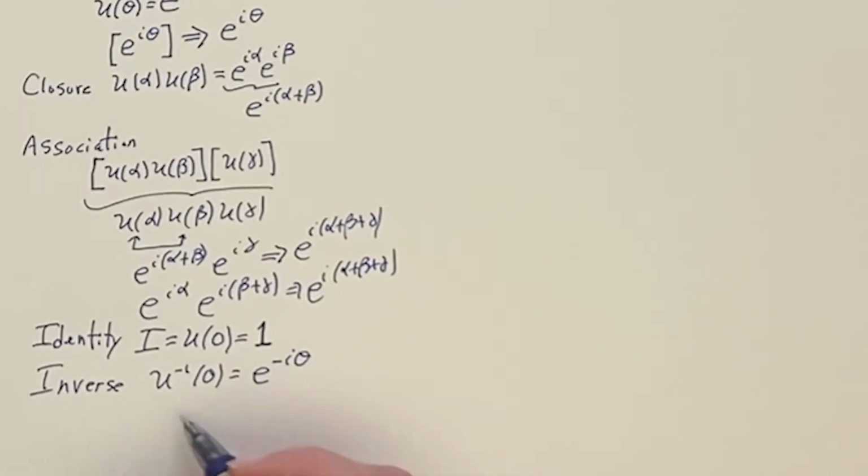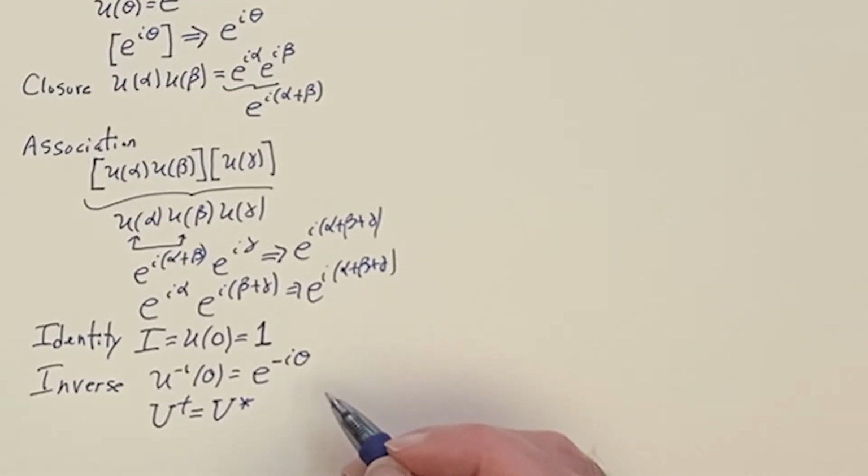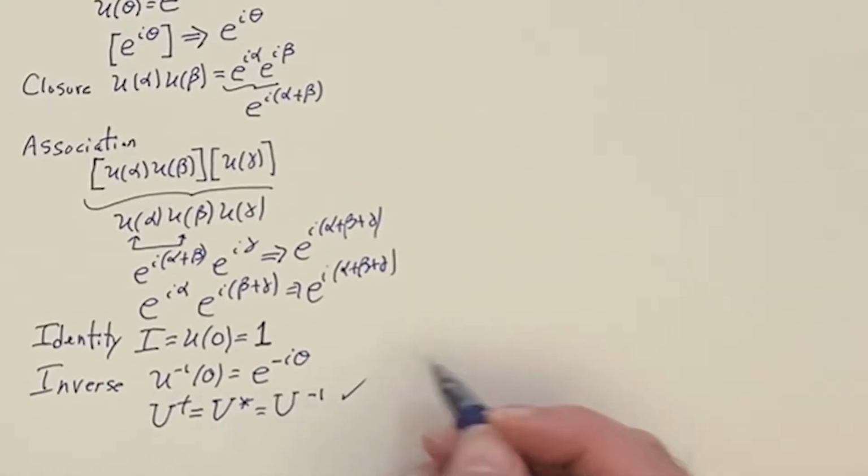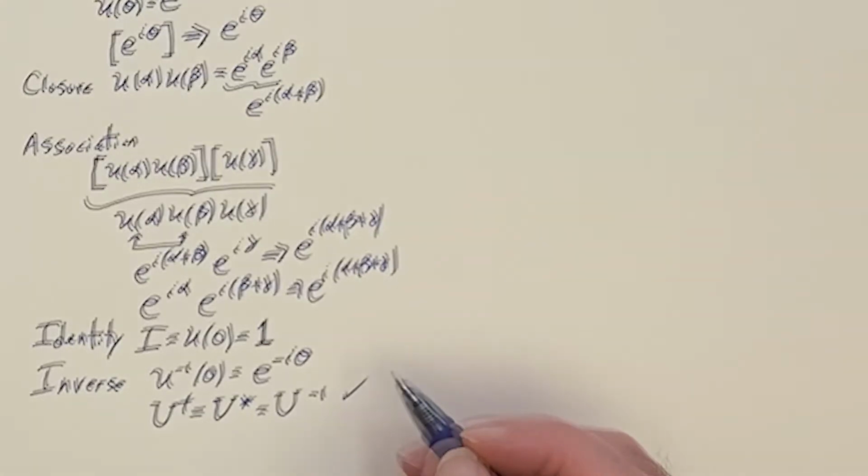And that's consistent with the dagger. If you take the dagger, that's going to be the star. You're going to take the star, and that is going to have to be the inverse based on the definition of unitary, and it is. So it all checks out.